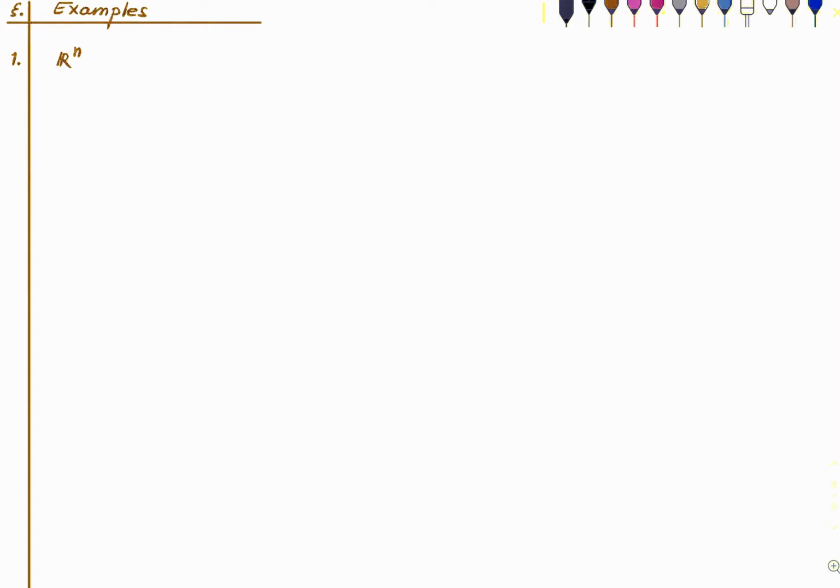So R^n. Let us first write down a spanning set of it and then make some further comments. So define e1 as this element, e2 as this element, and so on up to en as that.